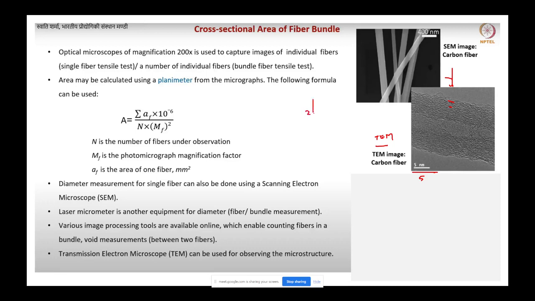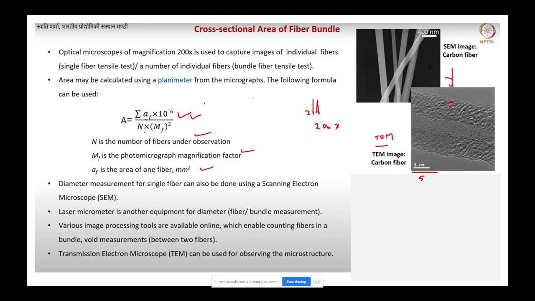The area may be calculated using a planimeter from the micrographs, and for the area calculation you can use this formula: area equals summation of AF, as in the first question numerical we did, into 10 to the power minus 6, into MF squared. Here n is the number of fibers under observation, MF is the photomicrograph magnification factor, and AF is the area of one fiber in mm squared.